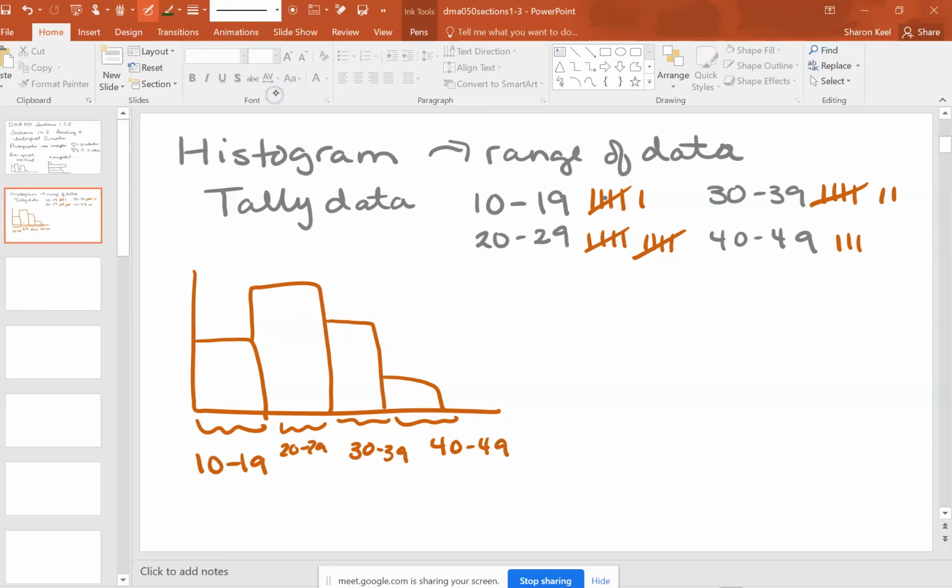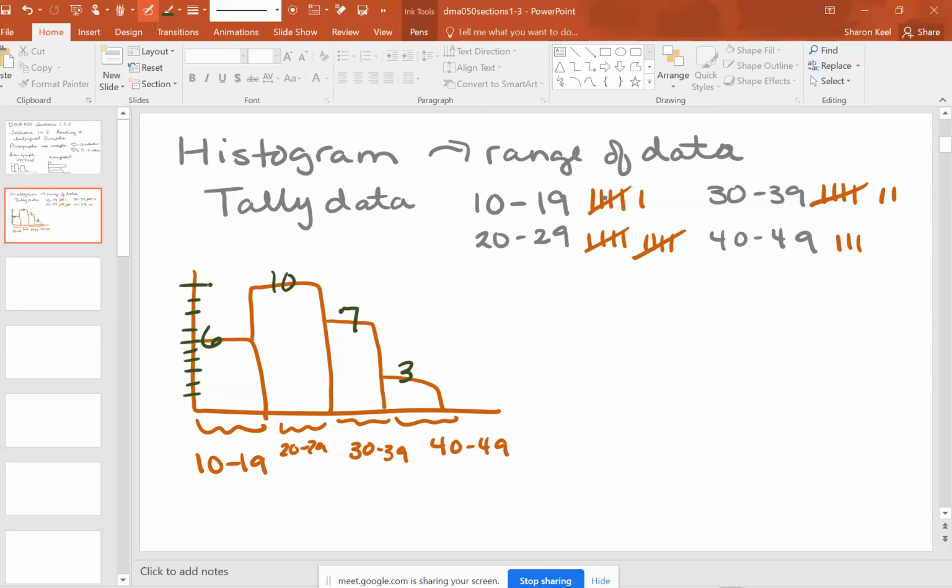With this type of graph, the first one has a total of 6. This one is represented by 10. That one would be 7, and the last one would be at 3. So 1, 2, 3, 4, 5, 6, 7, 8, 9, 10.